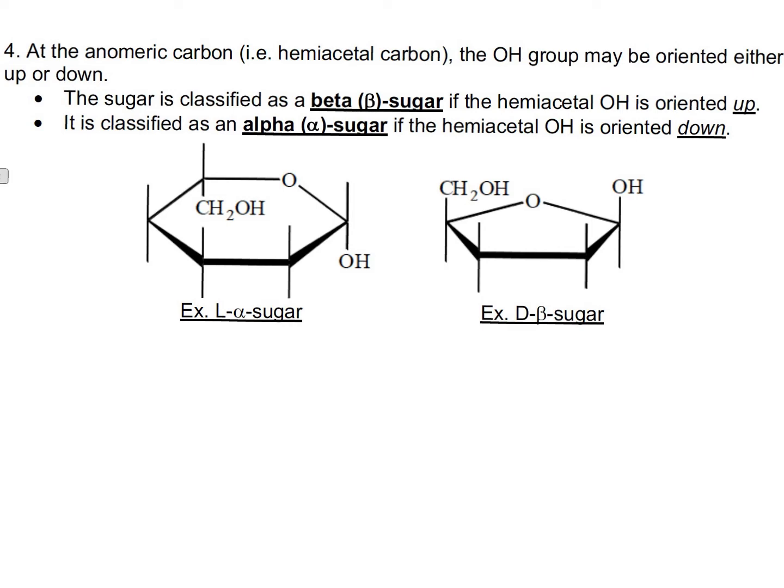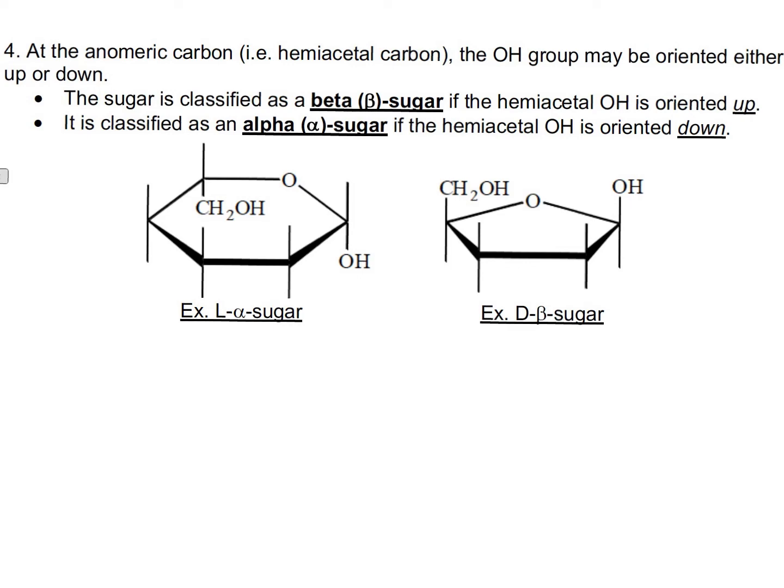If you go back to the beginning of this video and replay it, you would see that when we form a bond between the hydroxy group and the carbonyl group, the carbonyl carbon ultimately becomes a chiral center that has a new hydroxy group on it. That new hydroxy group that originated from the carbonyl can be oriented either up or down, and both of those forms exist in nature.